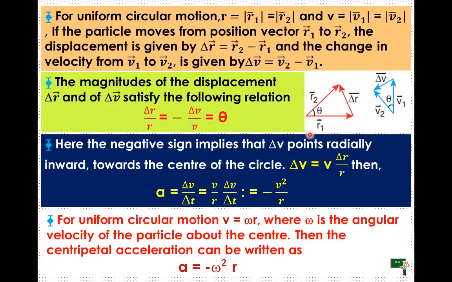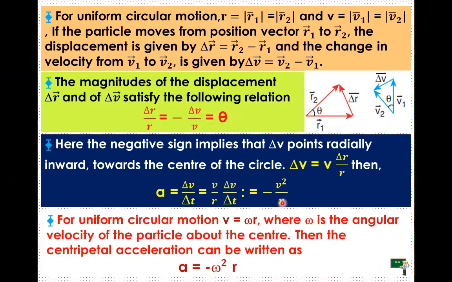So del v is radially inward, towards the center of the circle. So del v is equal to v into del r by r. Then acceleration is equal to del v by del t. As you know, acceleration is change in velocity divided by time, and so it is v by r into del r by del t, which is equal to v square by r.